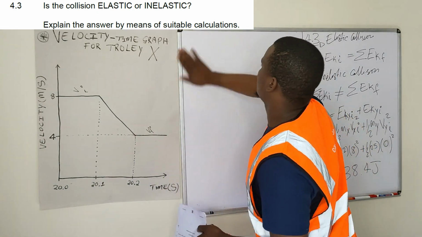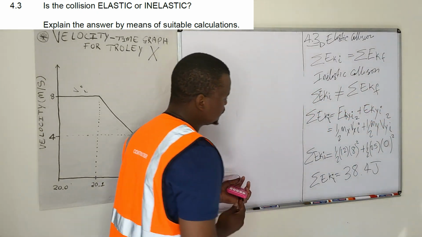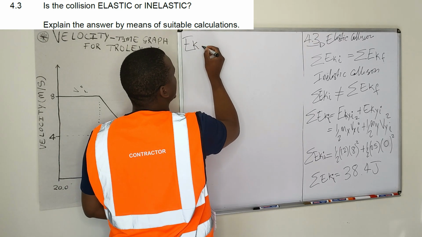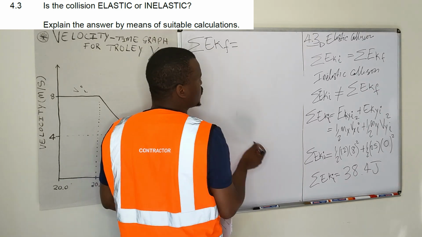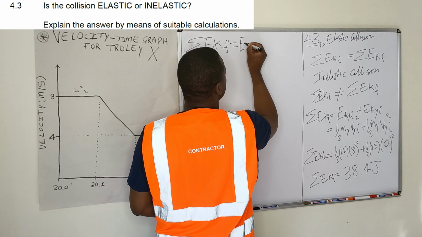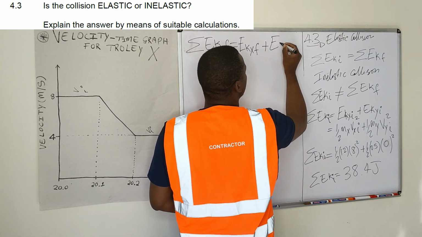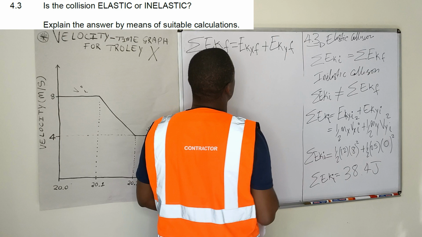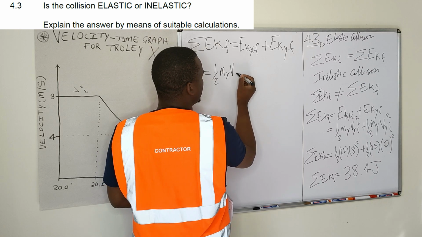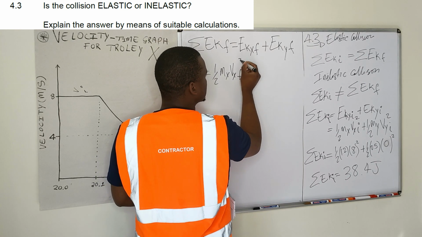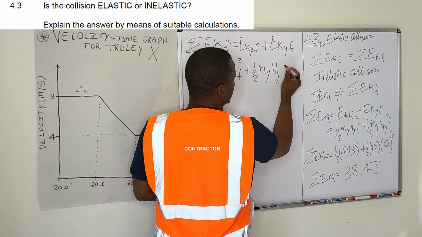So you say, okay, the sum of the final kinetic energies is going to be equal to the final kinetic energy of X plus the final kinetic energy of Y, which is equal to 1 over 2 mass of X times final velocity of X squared plus 1 over 2 mass of Y times final velocity of Y squared.